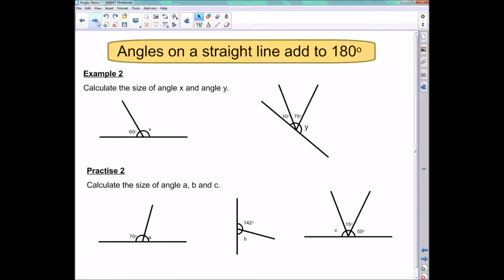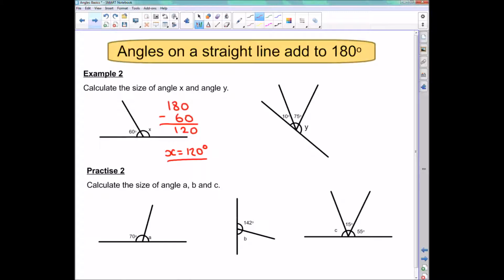So here in my example, I want to try and find the angle X. So the way I do this is I just do 180 take away 60, which was my other angle. Use the column method to work this out. 0 take away 0 is 0, 8 take away 6 is 2, 1 take away 0 is 1. So X equals 120 degrees.